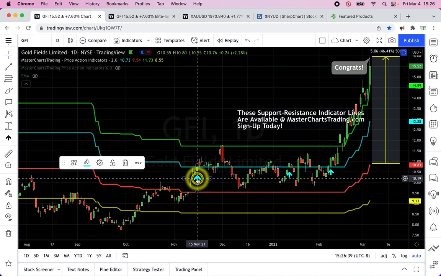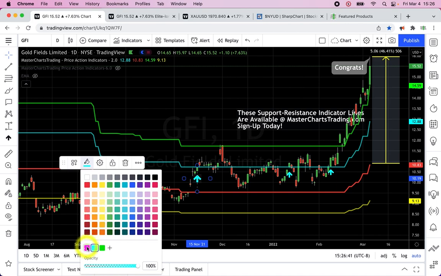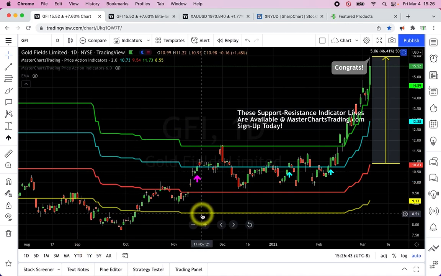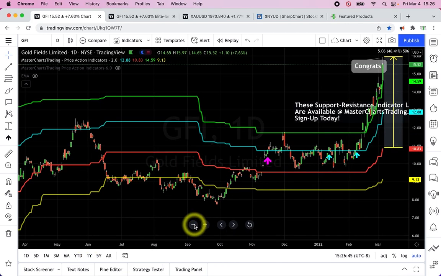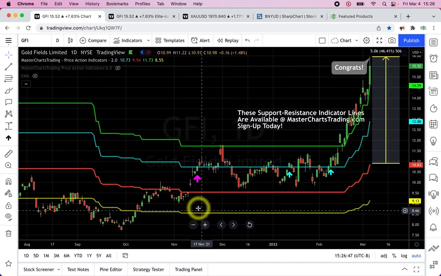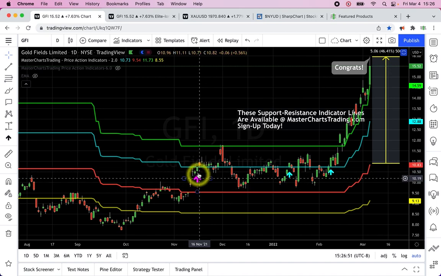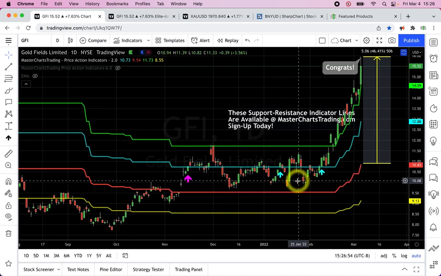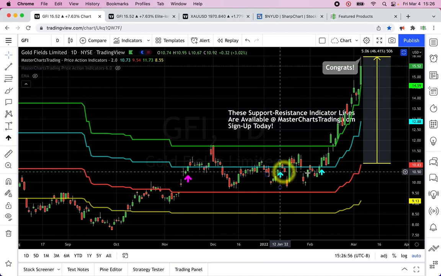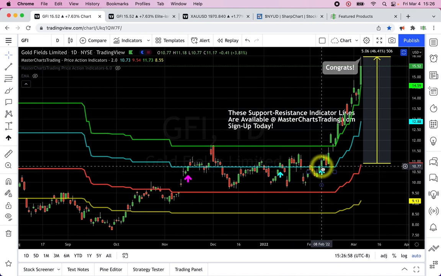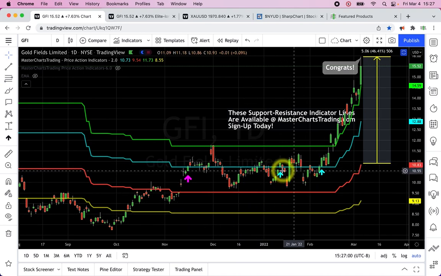Okay, this is not an alert, but this is where the breakout occurred. And see how obvious it is. You don't have to think. See, people think too much when they trade. This is no thinking. You just buy it right there. Two alerts, one here on 12th of January, second one 8th of February. Obviously, you want to hold it here. You don't want to be just selling it.